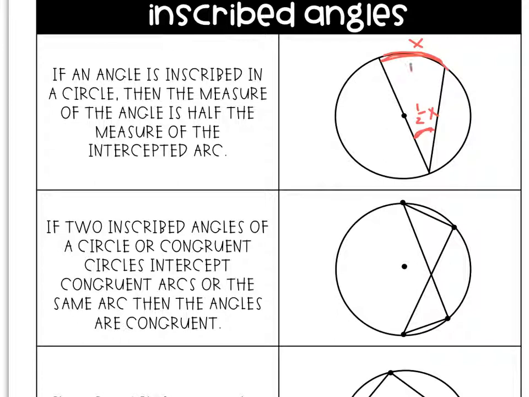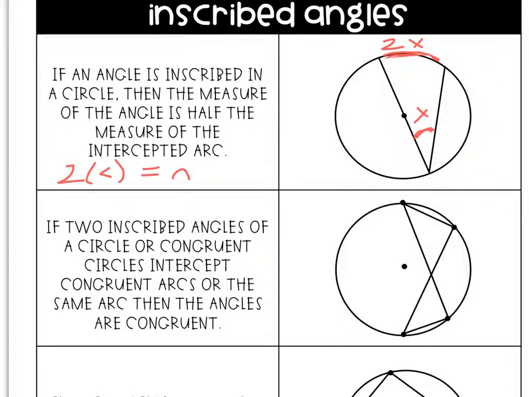So versus going from the arc to the angle and dividing by 2, I like to go from the angle to the arc. So I prefer to say that if my angle is x, then my arc is 2x. And I write that as 2 times my angle equals the intercepted arc.